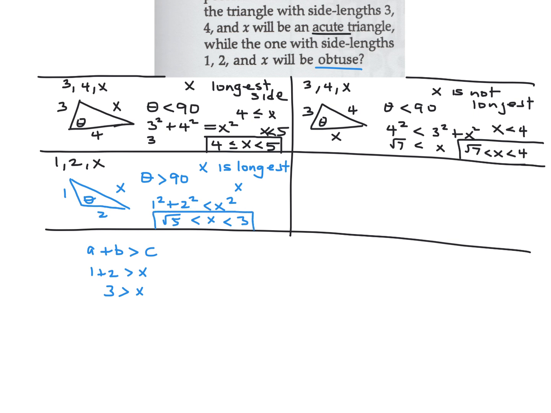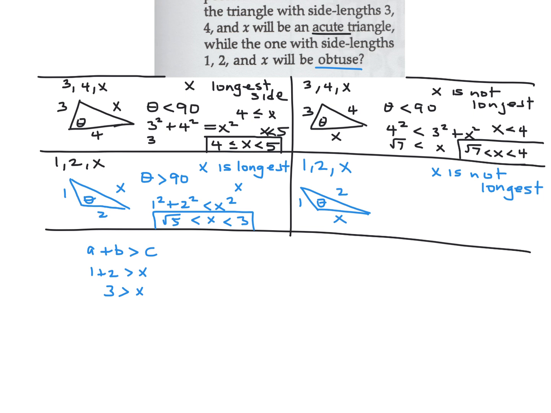And then finally we get to the last one, which is x is not longest. And the same kind of principle applies here. Let's draw that triangle again. So this is theta, this is 1, but x is not the longest, right? So I put x here, let's say, and that's 2.